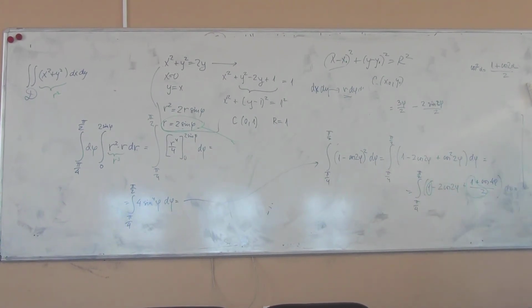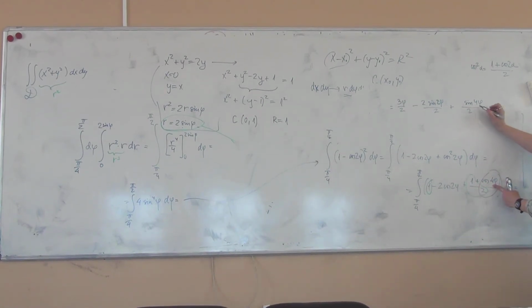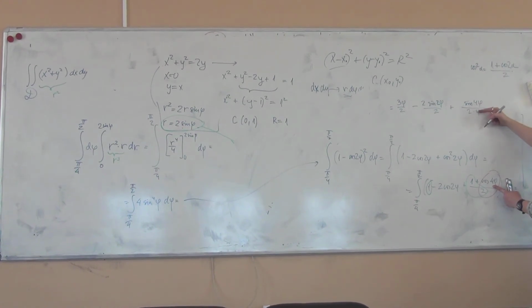That's integrated already. Plus, now we have to integrate cosine 4 phi divided by 2. The integral of cosine is, as always, sine. So it's sine of 4 phi. We have division by 2 naturally, and we still have to divide by 4 because of this.